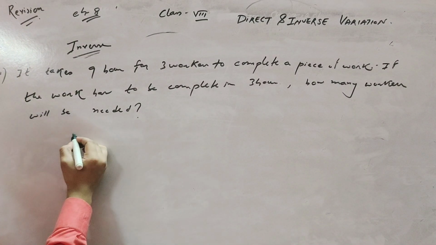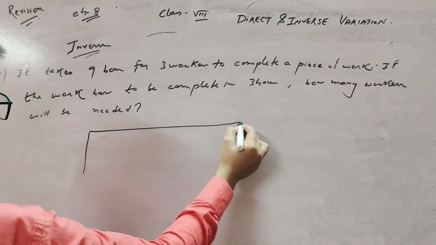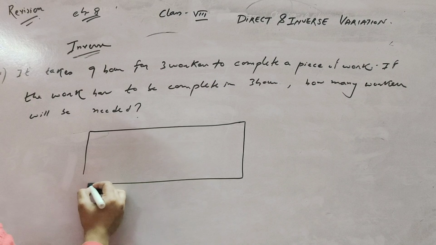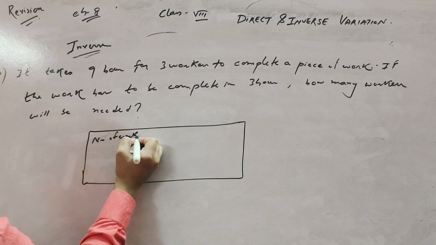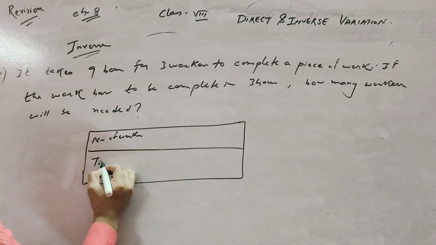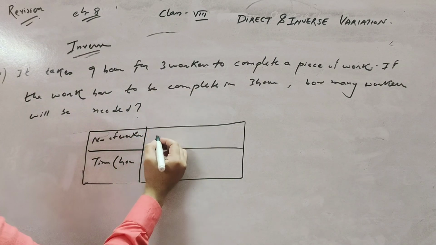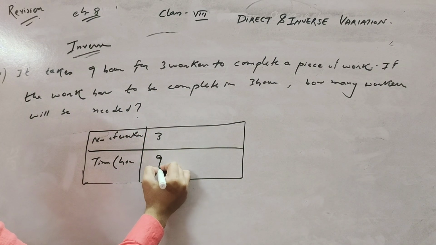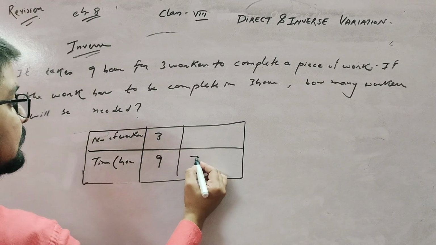So you see, number of workers by time, that is hours. Firstly the number of workers is 3 and time needed is 9 hours, but now the condition is time is 3.